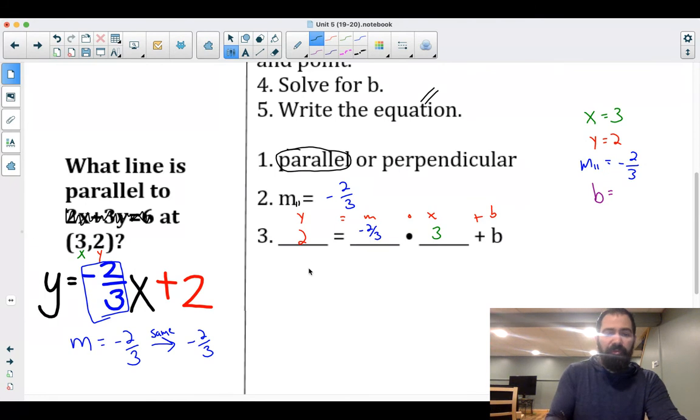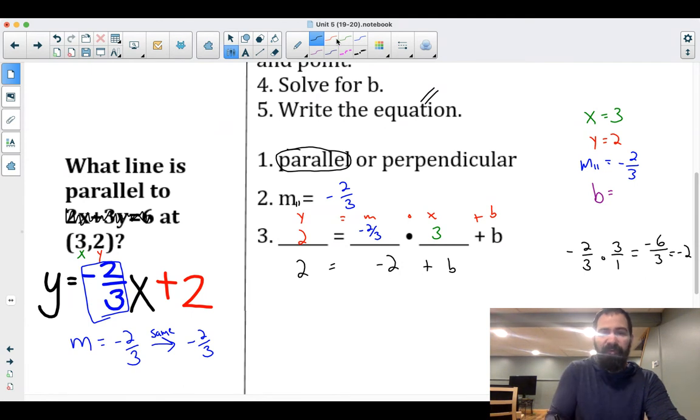So then we just want to go through and solve. 2 equals negative 2/3 times 3. Negative 2/3 times 3/1 is negative 6/3, which can be simplified down to negative 2. So we get negative 2/3 times 3 is negative 2 plus b.